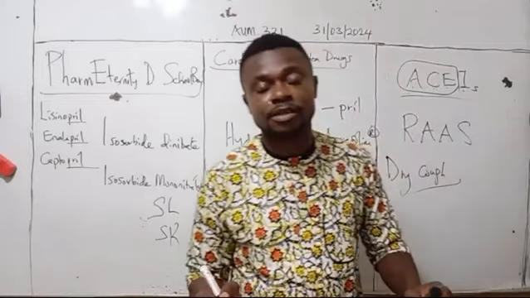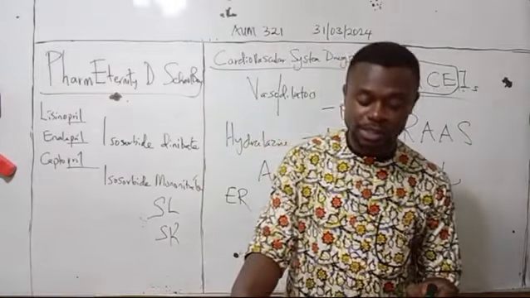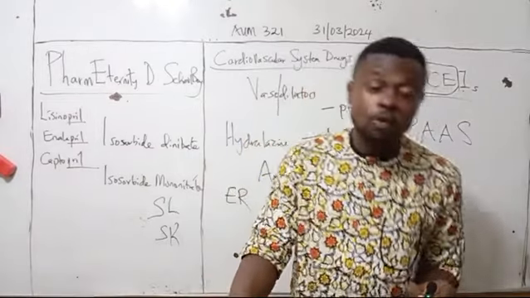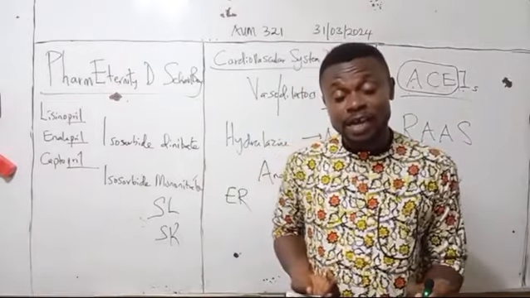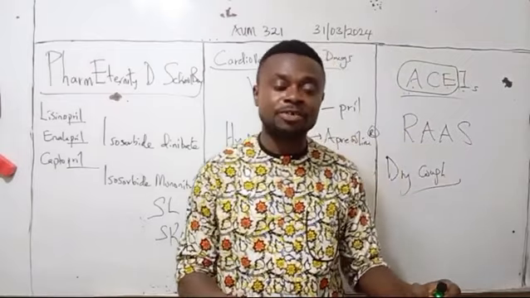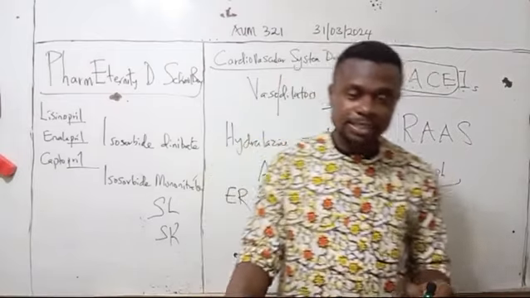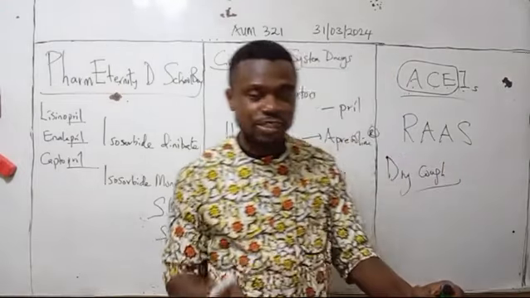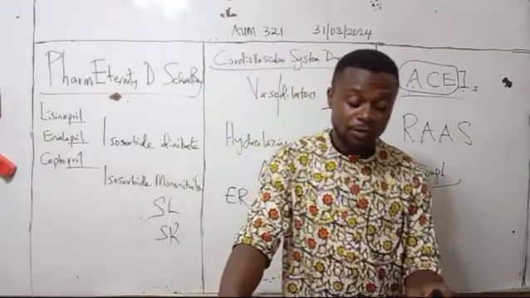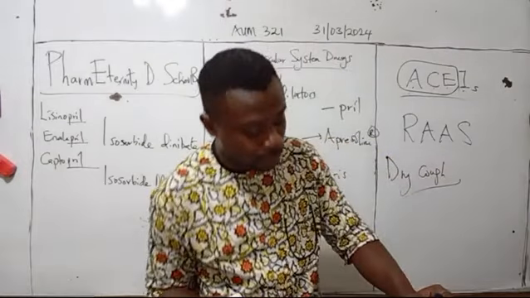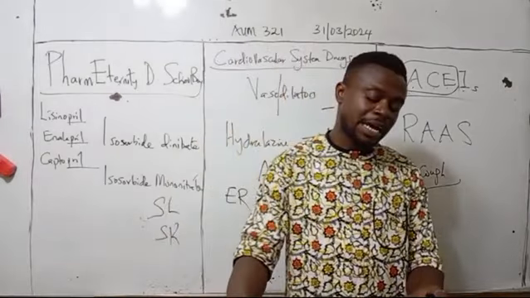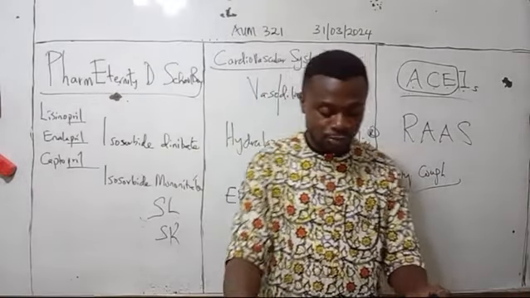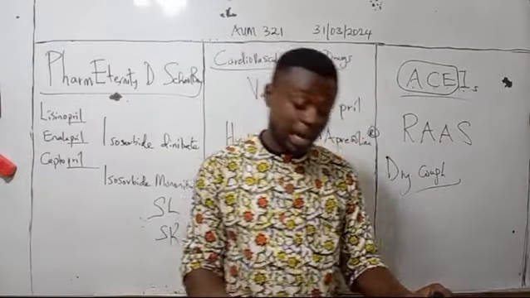Please, at this juncture, I will encourage you. If you watch, I focus mainly on the generic name. I just mention brand names once in a while. For the brand names of these drugs in the Nigerian market, I will advise you to go for MDEX. This one is the 31st edition, 2022 to 2023 edition. There is a 2023 to 2024 edition available now.